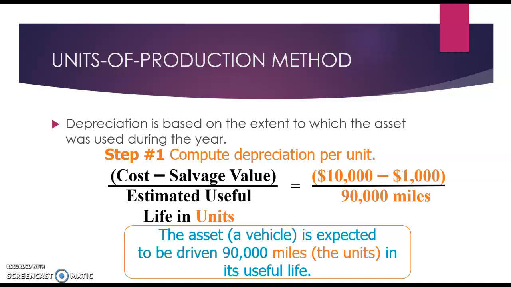This is the exact same formula, except the estimated useful life, instead of being in months or years in a time frame, is going to be in units of production. So if it's a vehicle, units is miles. If it is a piece of machinery that's making products, it's how many products did it make? That sort of thing.